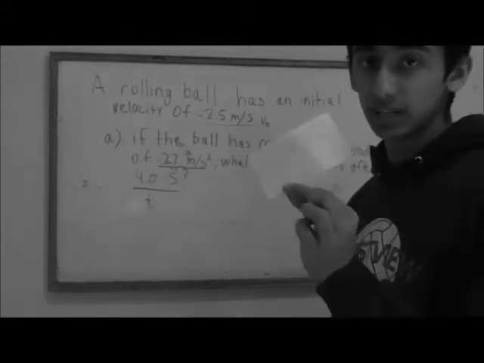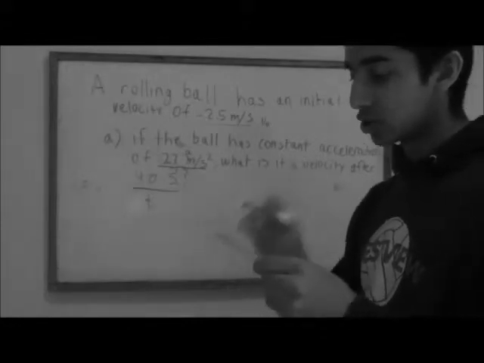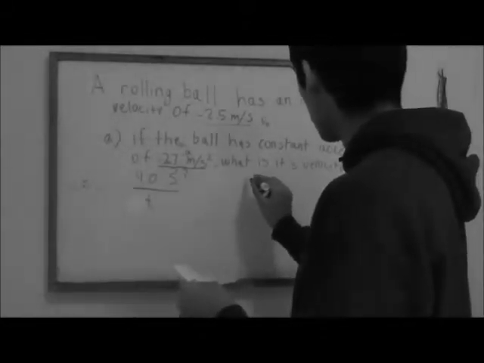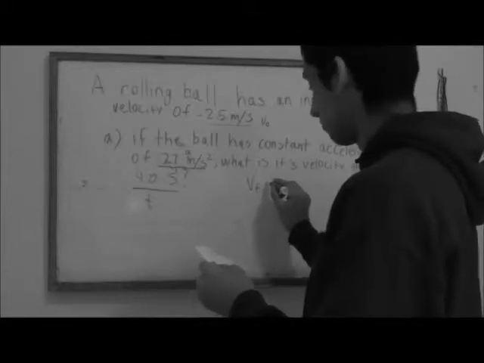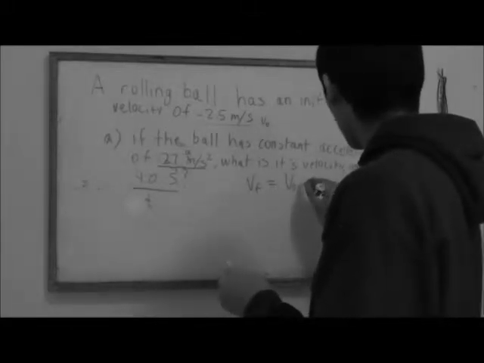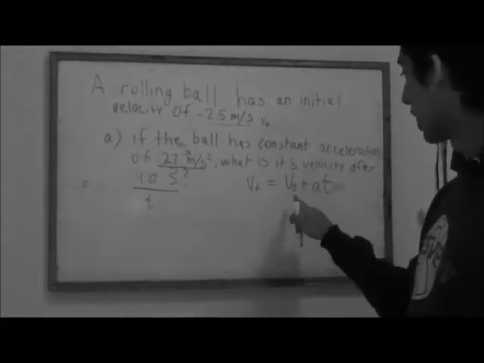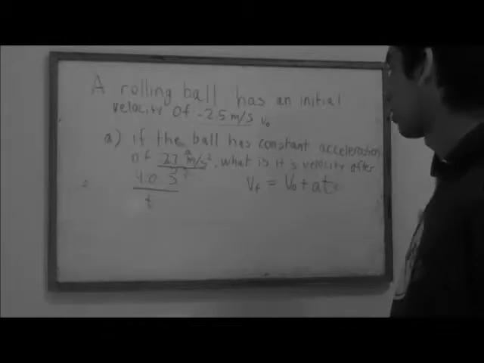Thanks to my handy dandy note card right here, I can easily find that out. So, I'll be using VF equals V0 plus AT. This is the equation I will be using in order to solve this problem.